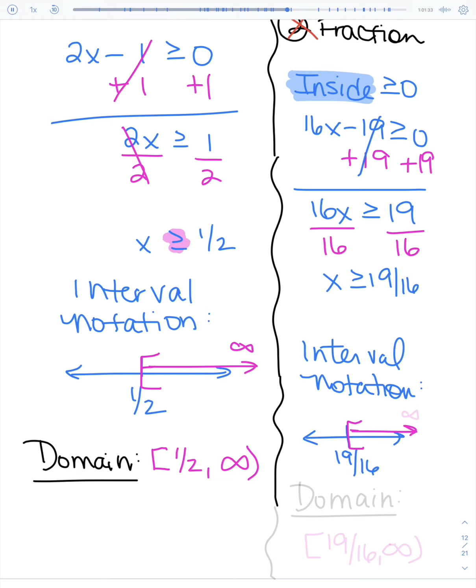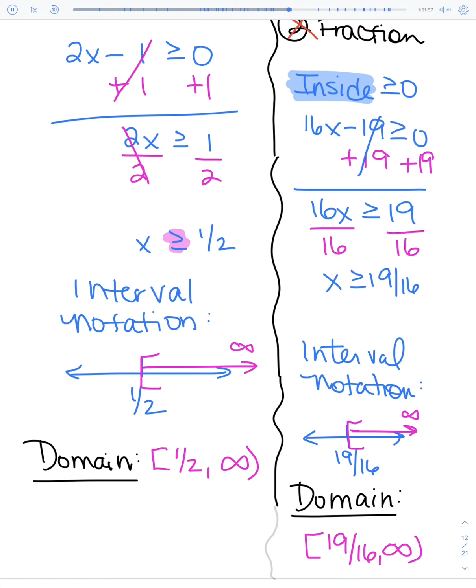So that means our domain, if I read this graph from left to right, would start with a bracket at 19 over 16 and would continue on because of the arrow towards infinity with a parenthesis.